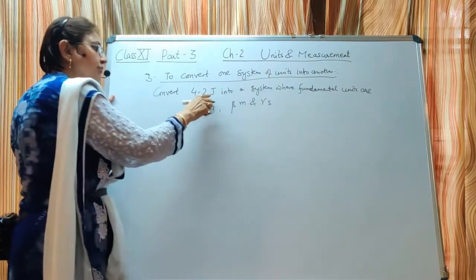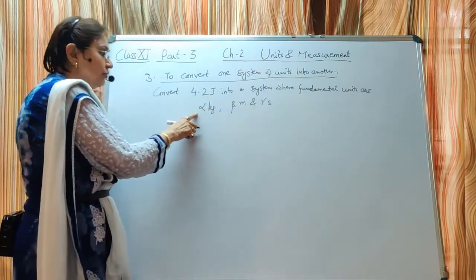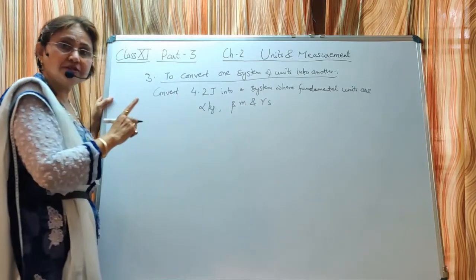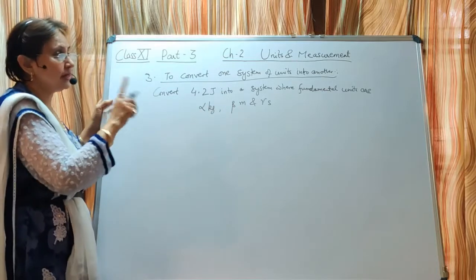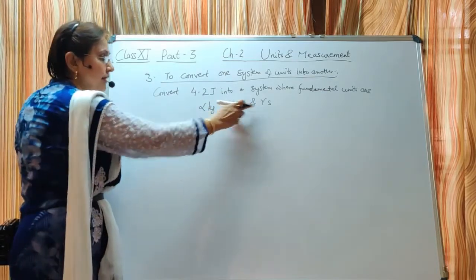So you have to convert 4.2 joules into a system where alpha kg is the fundamental unit, beta meter is the fundamental unit, and gamma seconds is the fundamental unit.